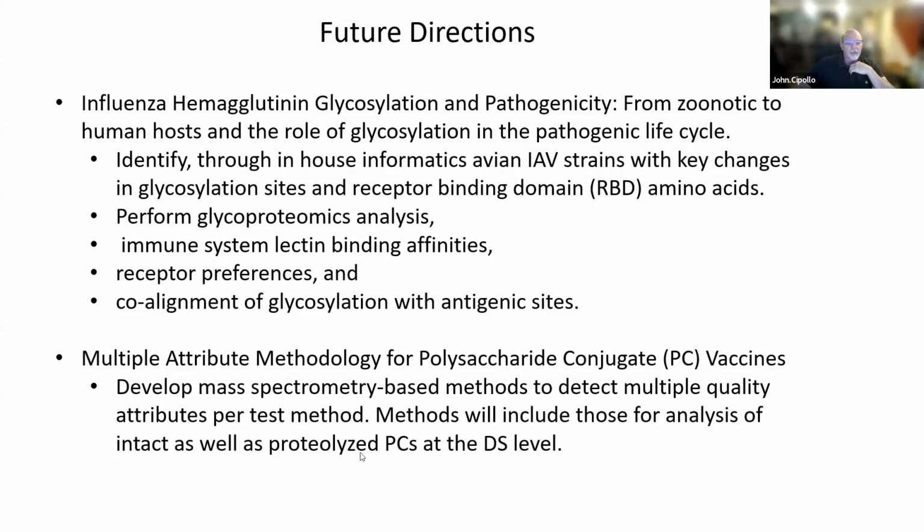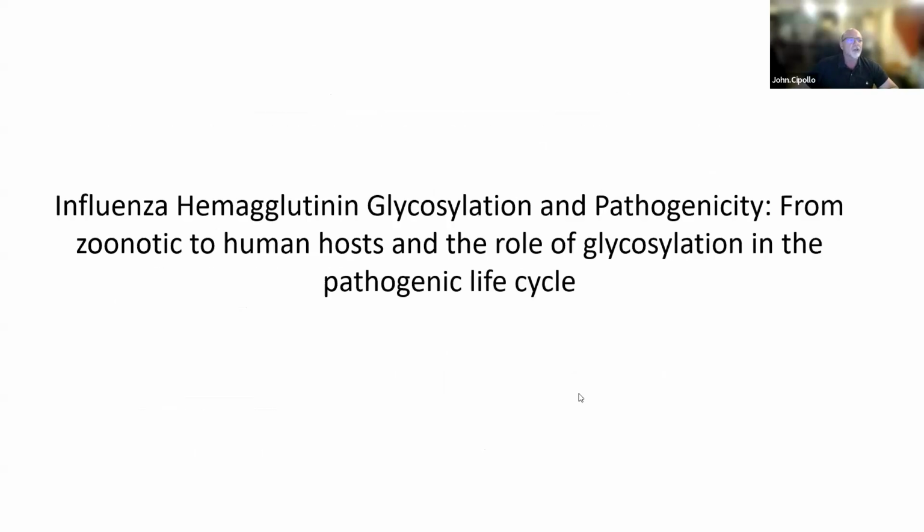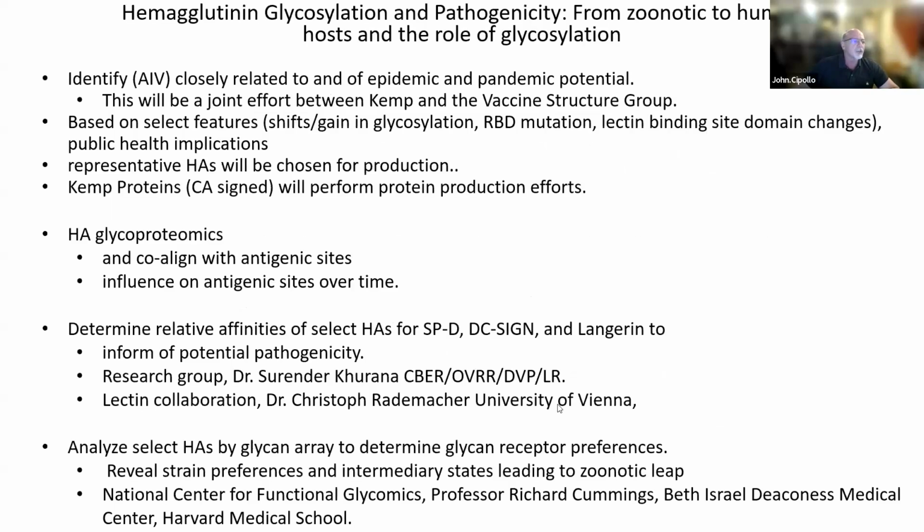The other focus will be on this new multiple attribute methodology for polysaccharide conjugate vaccines. So I'll talk a little bit about these two. Okay, so again, we're looking to identify the epidemic and pandemic potential of some of these AIV.